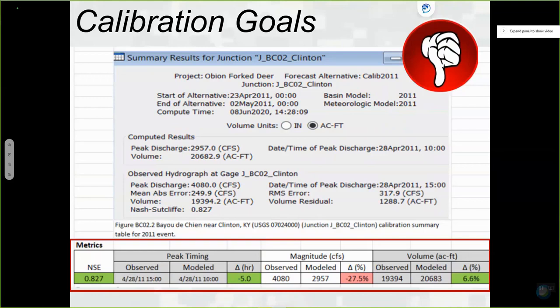So the HMS junction summary table provides a lot of really great information that's available really quickly after you run your model. However, it won't compute the percent differences or alert you as to whether or not you're meeting the calibration goals that you've set. So one thing that I've found helpful is to use a spreadsheet that's set up to manually enter in your results, but then the spreadsheet is programmed to compute the timing or the percent differences, and it's color-coded to show green if you're within the range of your goals, or red if there's still work to do, like the magnitude shown in this example.